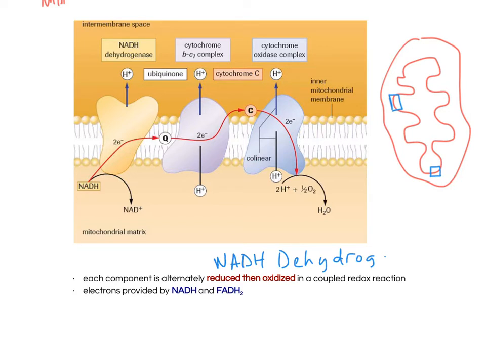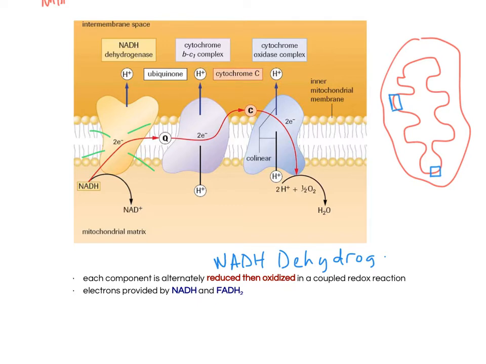As soon as this NADH dehydrogenase grabs the electron that it wants from NADH, it becomes more stable. We can think of this as it becomes less stressed, right? So what happens when a molecule becomes less stressed? It's going to release energy, and we're going to harness that energy. The whole process of cellular respiration is to harness energy from the chemical bonds in glucose.